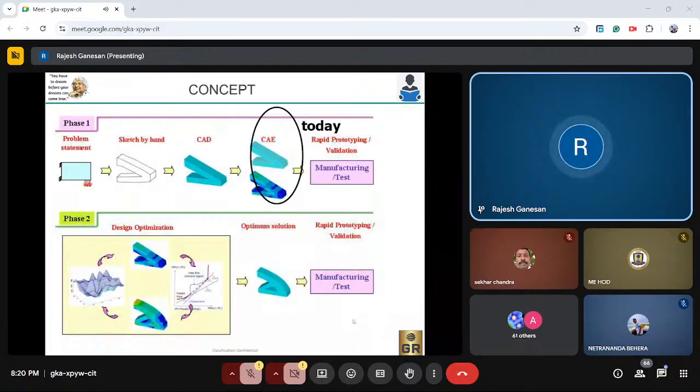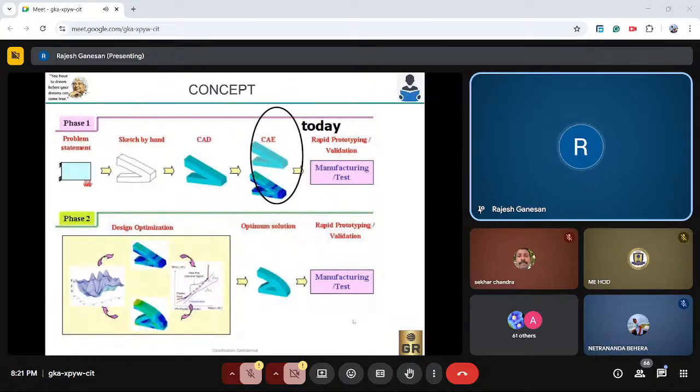How much force am I giving, how is it bending, and what is the maximum force it can withstand without changing its shape? We do all these things in design optimization, because we will not just do the design and go on to produce the component. We will check the failure rate and break-even point, right?